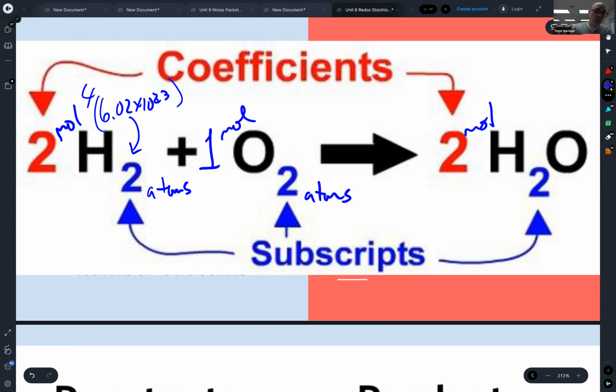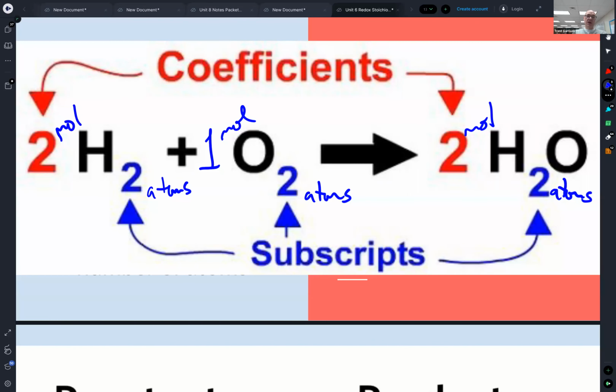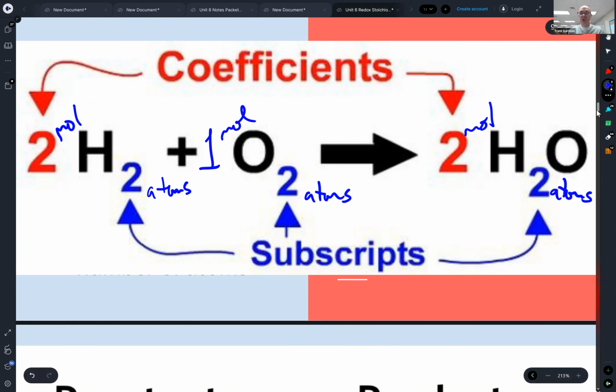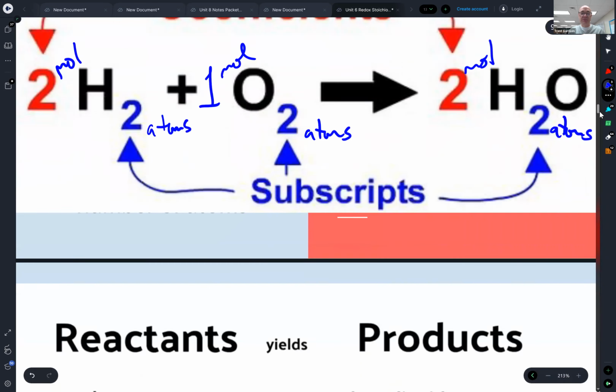So you actually have 4 times 6.02 times 10 to the 23rd to figure out how many atoms of hydrogen you would have total. So now that gets a little bit more confusing if we have to think about it in terms of that mole map. Moles are not only a weight, they're also the number of atoms. But these are all things that we will be reminded of as we move forward.